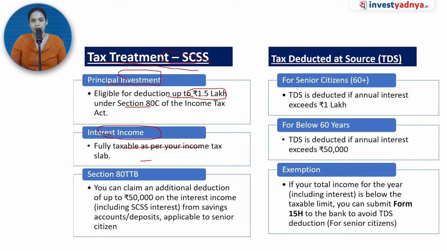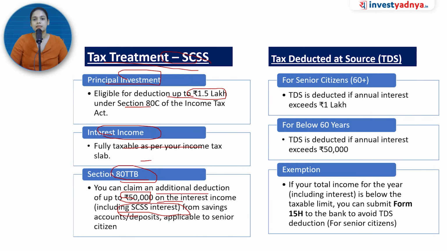Since the SCSS interest is paid quarterly to you, that income will get added every year. But there is a relief available, and the relief is 80TTB. You can claim an additional deduction of up to 50,000 for senior citizens on the interest income from savings. This is on the total interest, but it includes SCSS interest as well.